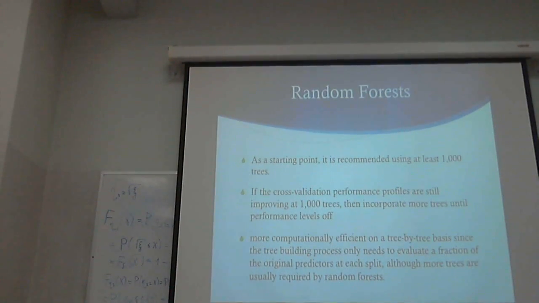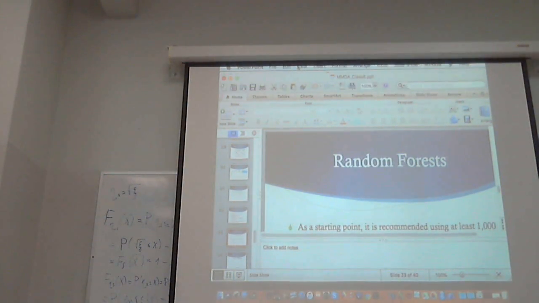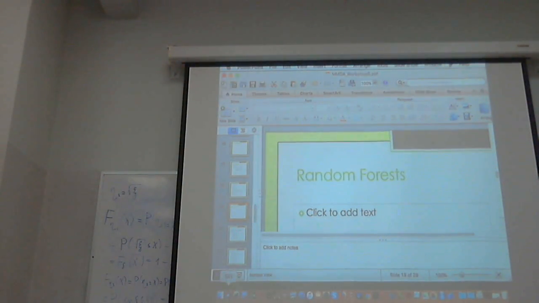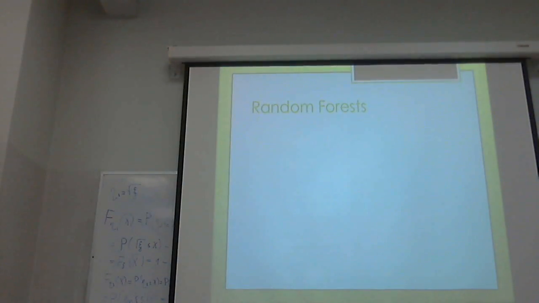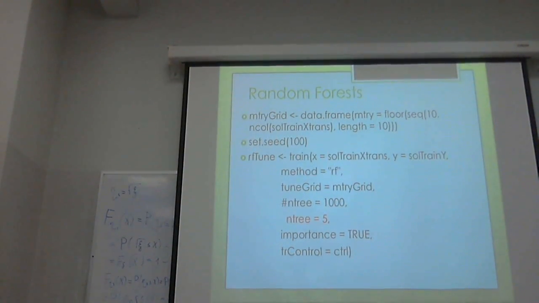And now we come back to the workshop. We come back to the workshop and try to run the model. Hopefully it works for everybody today. Random forest. So what we do, okay.